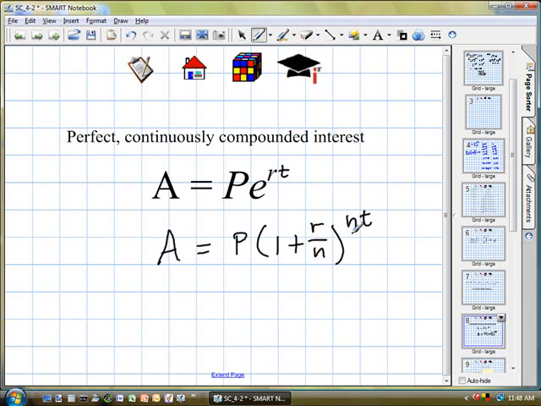Now, in natural growth, like bacteria growth, population growth, you get pretty much an e growth. And so we'll be using an equation that looks more like this most of the time. For money, though, this one at least gives you the option to compound a different number of times per year.